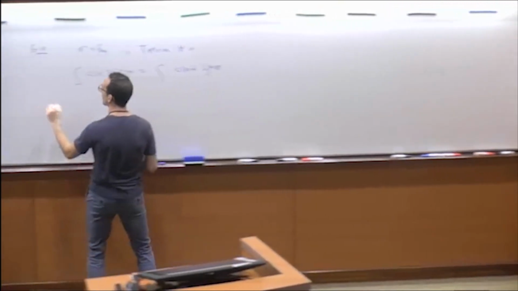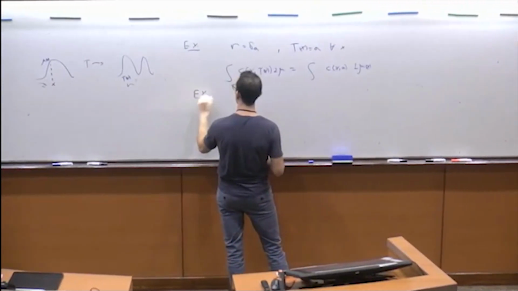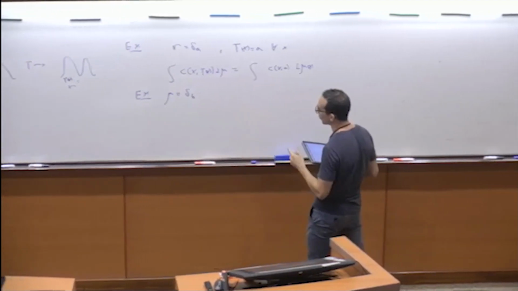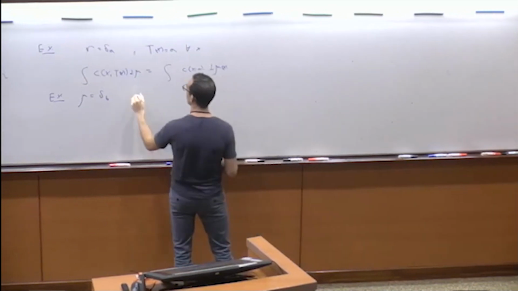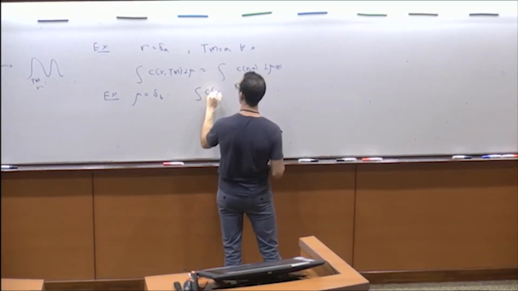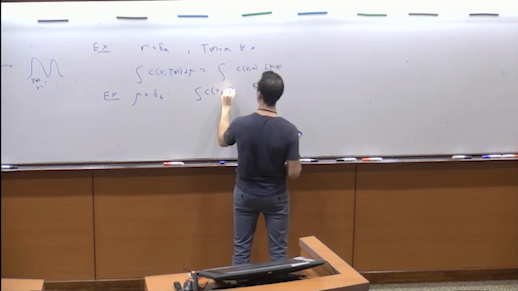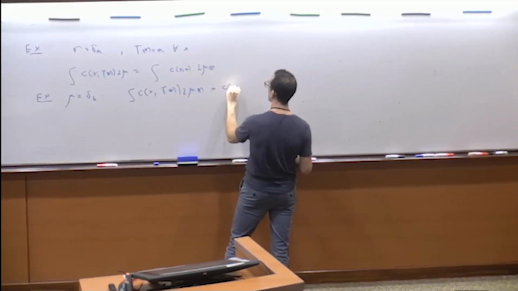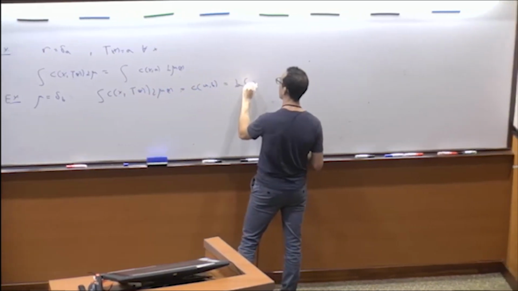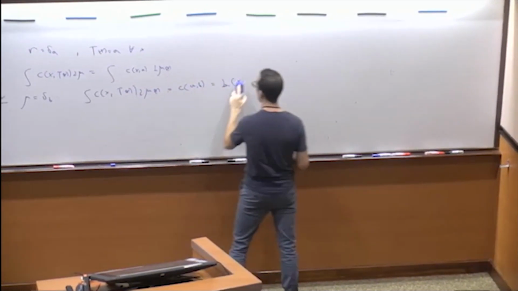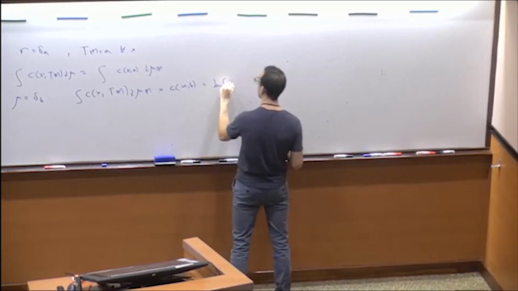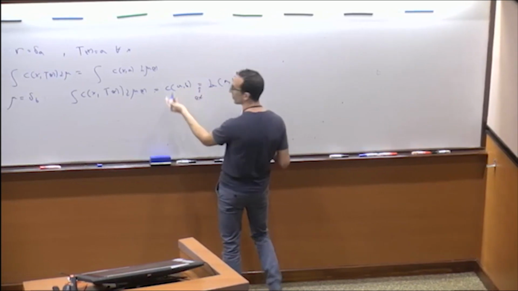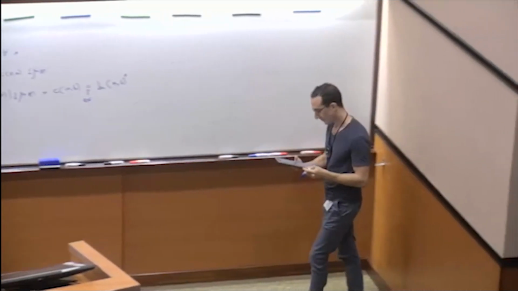So if we want to do a sub-example, if we take mu itself to be a Dirac mass, let's say at some point B, then the cost is going to be, so we're going to have the integral of C of x, T of x, d mu of x is just going to be C of A, B, which is, for example, just the distance between A and B. So the cost is just how far A is from B. This is, again, an example, because you can take other cost functions. Okay.